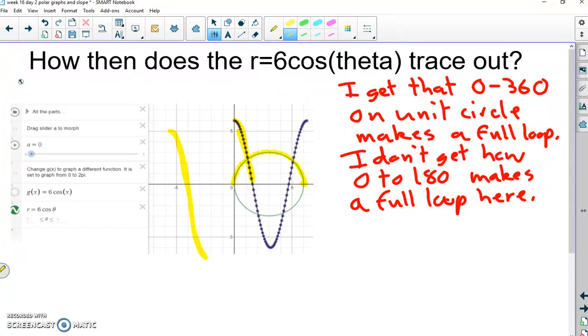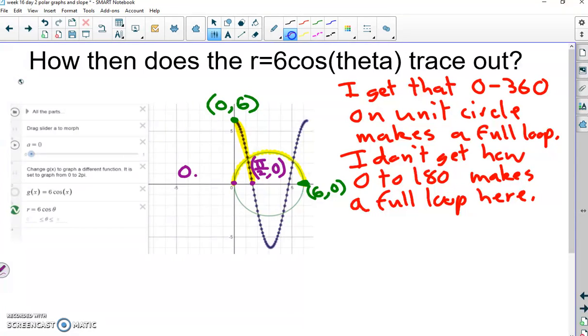The two extremes: this is at 0, 6, which translates to what? How does it translate when I flip it into polar? Angle 0, radius 6. So do you see how it goes to 6, 0? And then this dot is at pi over 2, comma 0, which translates to 0, pi over 2. You guys okay with that?